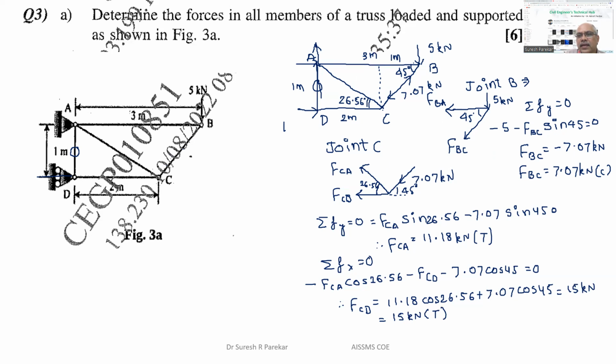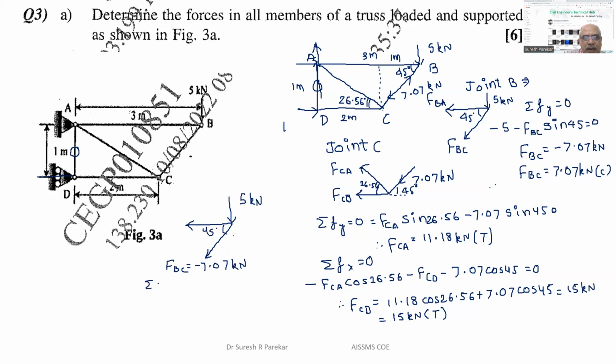So we have a force in this member, we have FBC 7.07, and we have not calculated here FBA. So FBA we will get here in this joint. So if I will draw this joint separate again, so I have this as 5 kilonewton force in this member. We have considered tensile. This is tensile FBC. Now we have minus 7.07 kilonewton. This is 45.